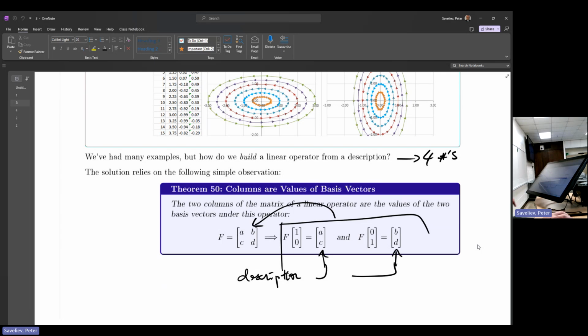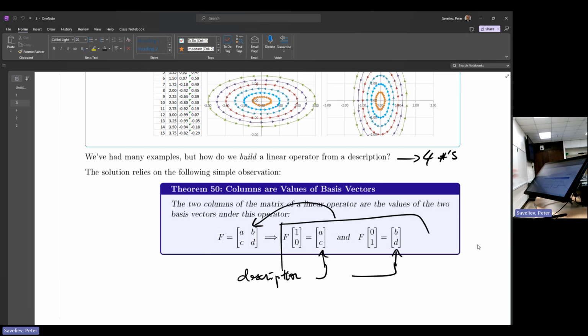So the idea is very simple. It is to see where the basis vectors go. So where does (1, 0) and (0, 1) go? That's all the reds. Okay, so that's the most important thing to understand about linear operators: they are fully determined by their value at the standard basis vectors.